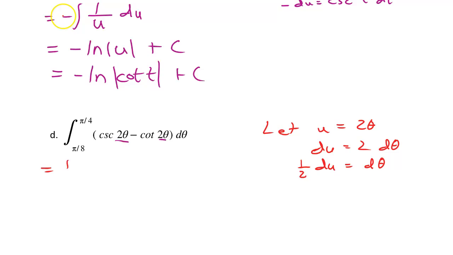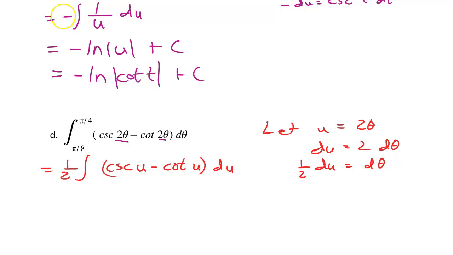Okay, so this is going to be 1/2 the integral of cosecant u minus cotangent u du. And we have direct antiderivatives for cosecant and cotangent, so we can do that.